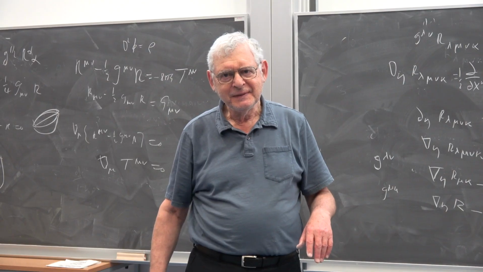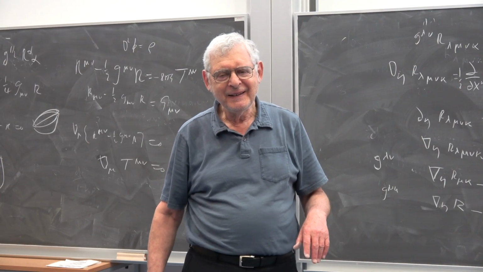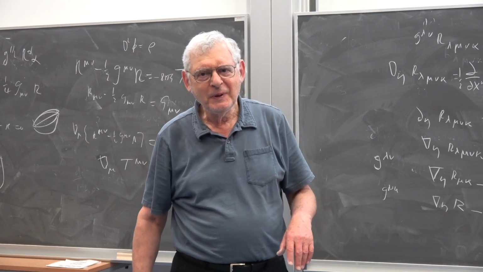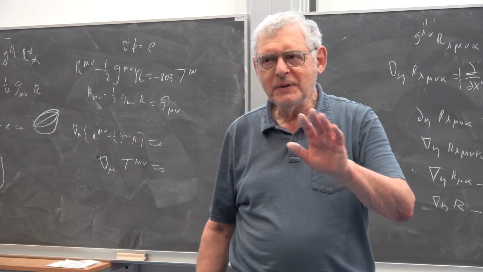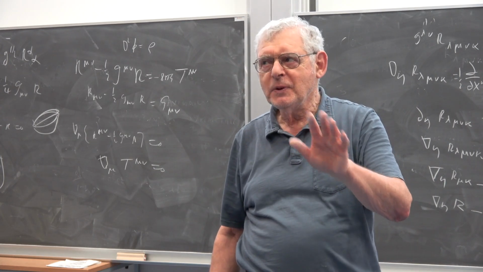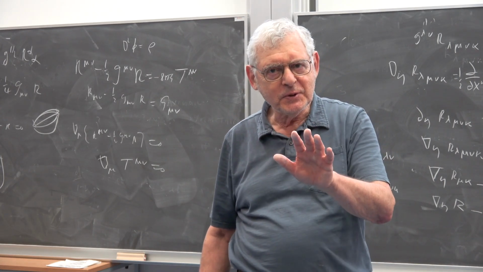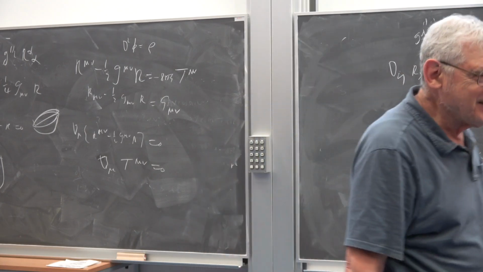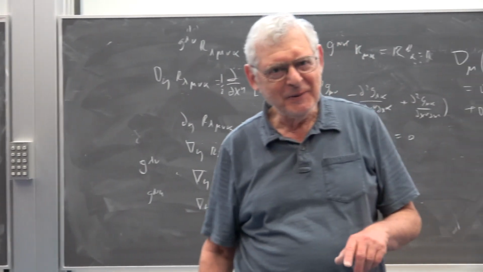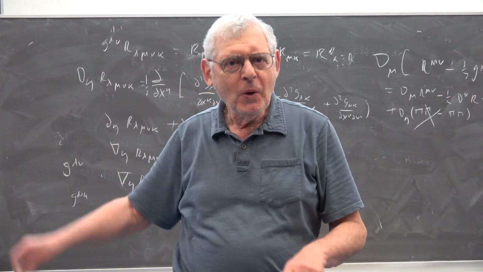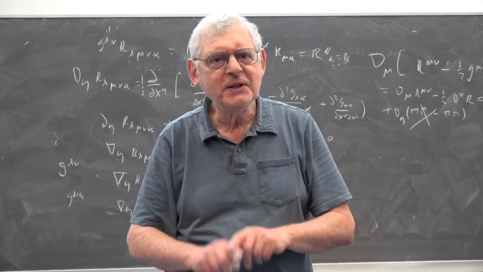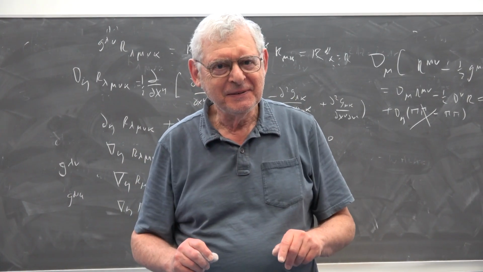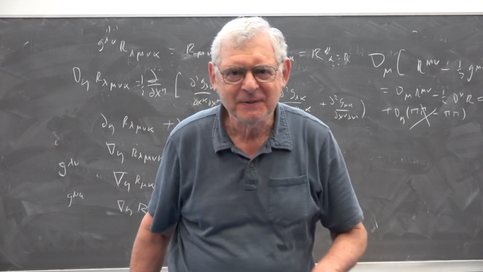So I don't know of any functional description that will give you a variation that will give you the trace. But what I do know is that in the conformal gravity theory, you get a function which is both covariantly conserved and traceless, which is why I like it very much.